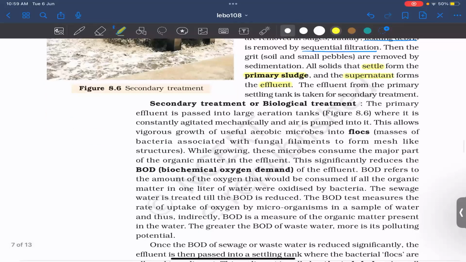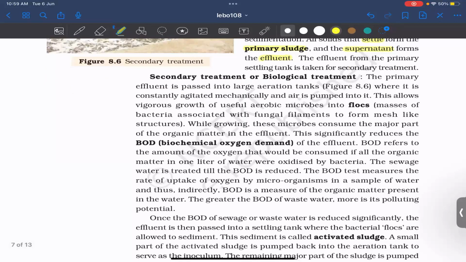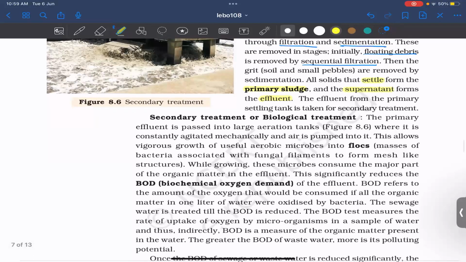The effluent from the primary tank is taken to the secondary tank, where it is treated further by biological treatment. Here the effluent is the primary effluent. You need to remember this, because after that there is also something called secondary effluent, which we'll discuss.